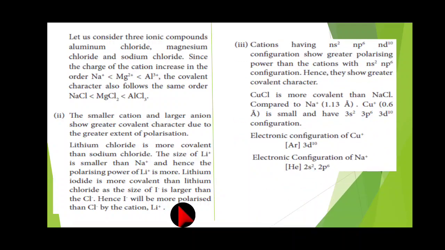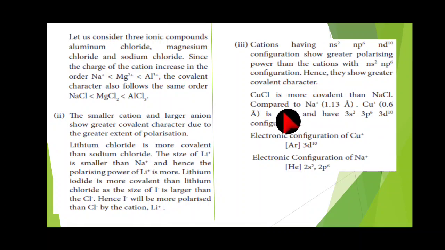The third point: cations having ns2 np6 nd10 configuration have greater polarizing power than cations with ns2 np6 configuration. Which type of metal cation can have this kind of electronic configuration? ns2 np6 nd10.